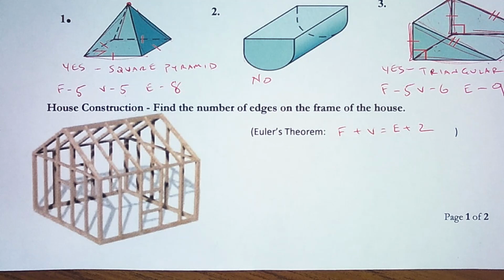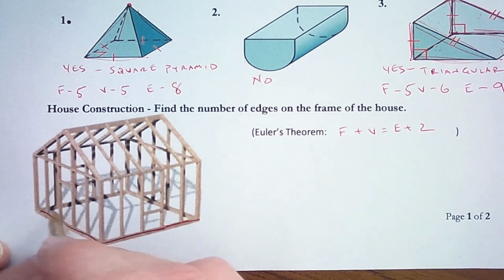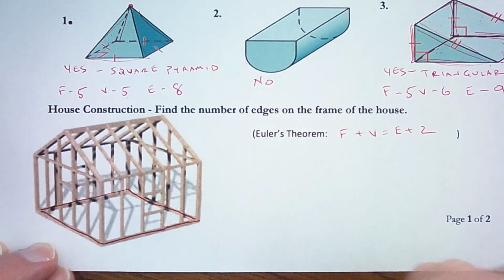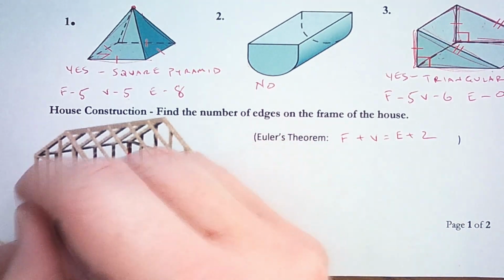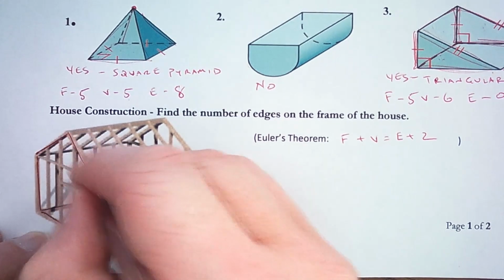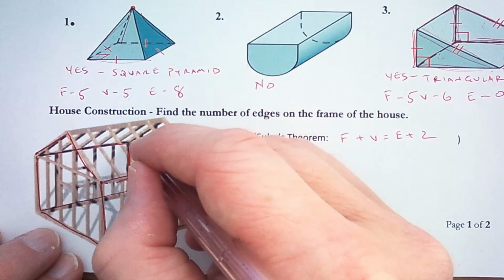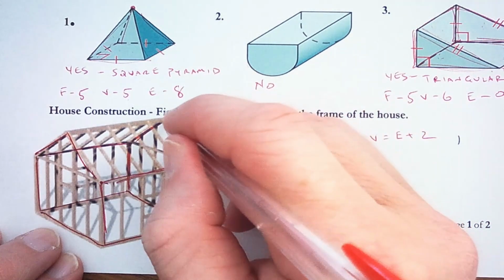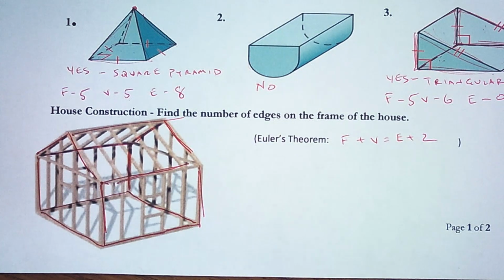All right, so let's find the number of edges on the frame of this house. Okay, so we've got a base here. That's 4 edges. Then we have these uprights on the corners. That's another 4. 5, 6, 7, 8, 9, 10, 11.